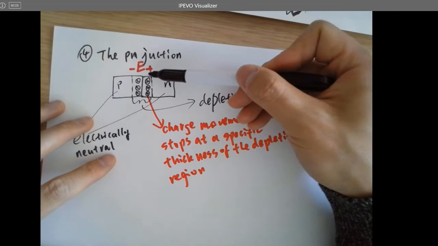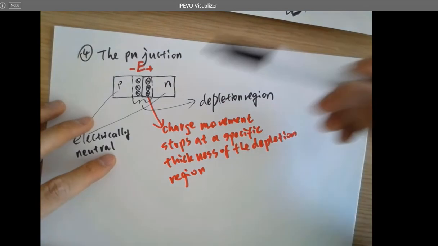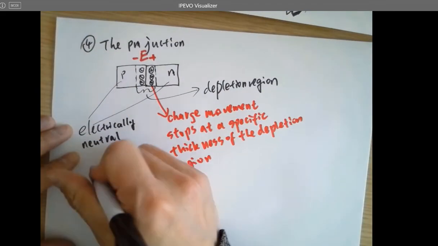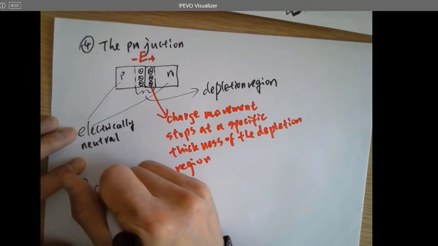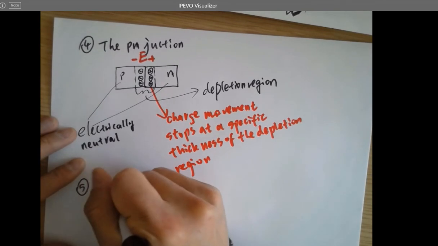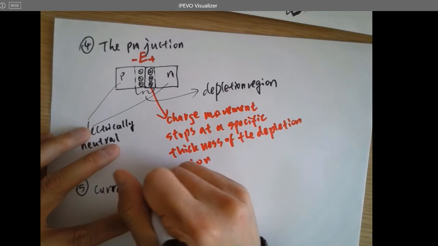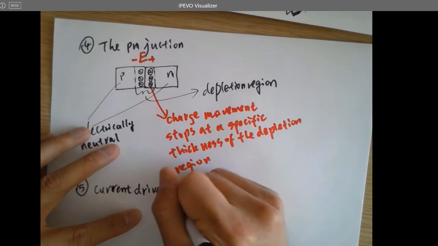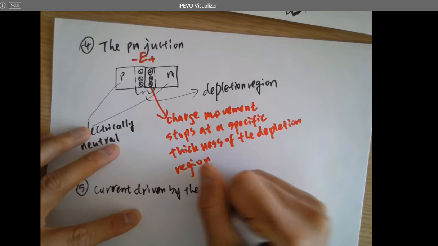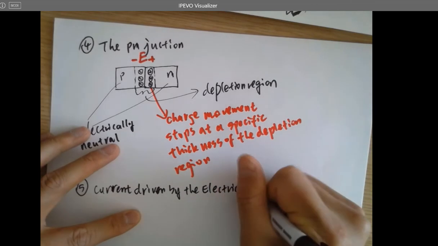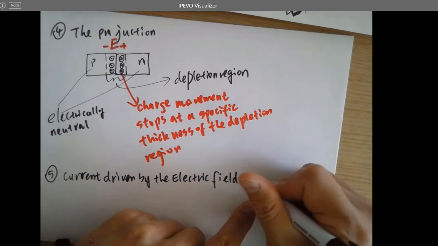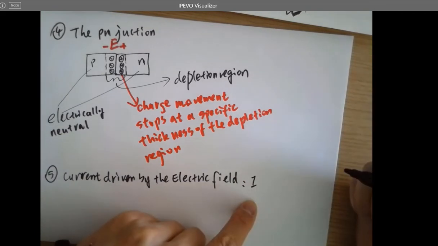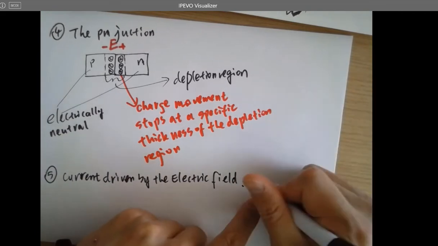And the current being driven by the electric field is called IS.